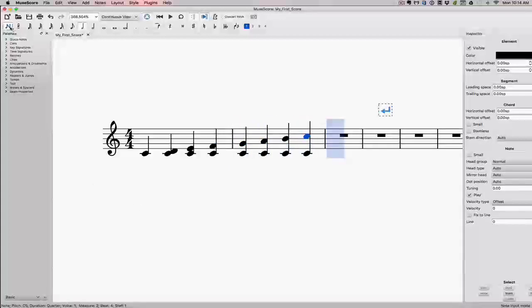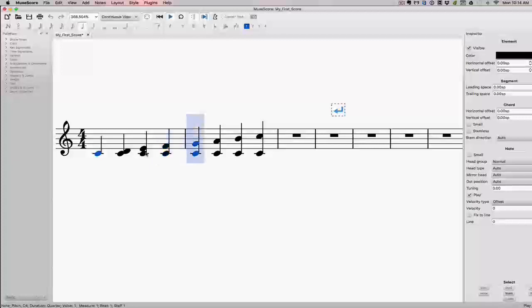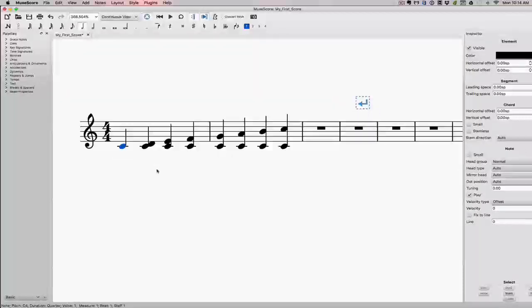Okay, here's all our diatonic intervals, right? Because here we have essentially a unison, here a second, here a third, a fourth, a fifth, a sixth, a seventh, and an octave. Okay, we're going to talk about more than just diatonic intervals in a second, but let's start with those. So let's just hear this just for fun. Okay, kind of neat.